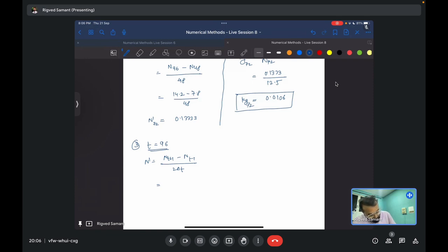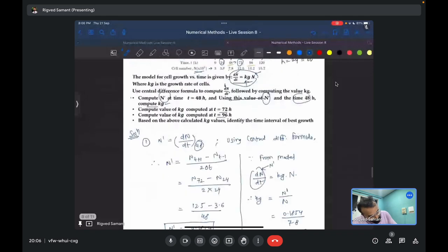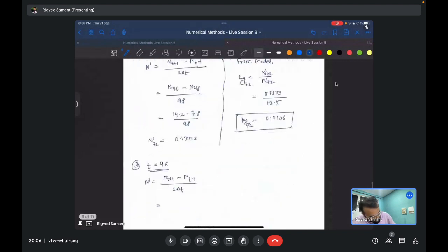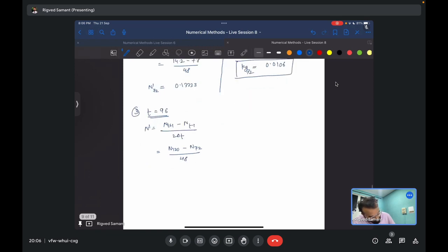So n of t plus 1, 96 plus 1 is what? 120, and t minus 1 is 72. So n 120 minus n 72, divided by this will not change, this is 48.